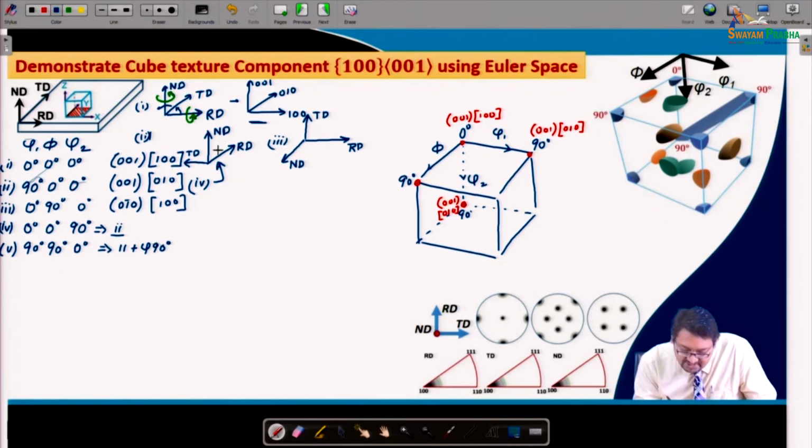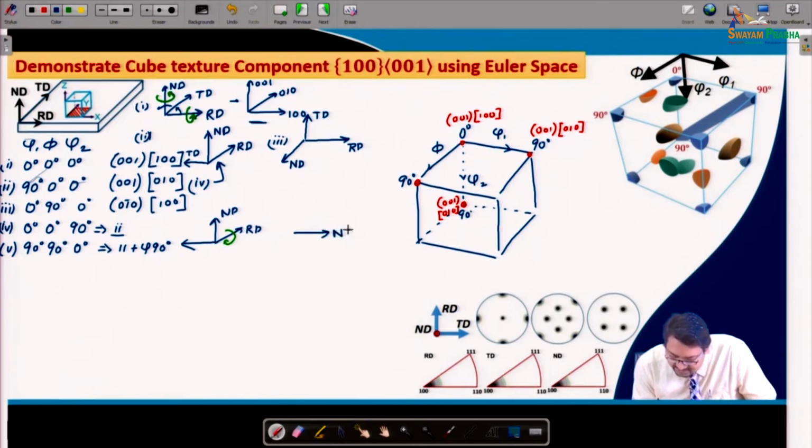So, if we are taking this section, TD and ND, and then we are taking RD, and then if we are rotating along RD using the right hand thumb rule again, right, like this, then what happens is that ND rotates and it forms here, whereas TD, which is here, now forms here, right, whereas the RD remains at the same position.